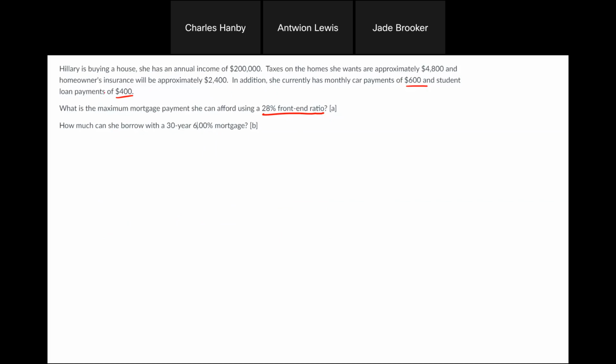So we're not concerned with these here, but we take her income and we divide by 12 and multiply times 0.28, and you get $4,666.67.